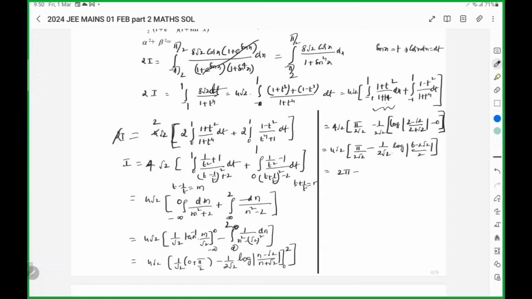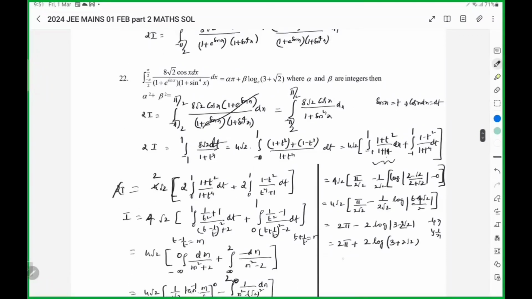2 pi minus 2 times log of 3 minus root 2 by 4 plus 2 minus 4, which is 2 pi plus 2 log, minus log x is log 1 by x, 1 by 3 minus 2 root 2 is 3 plus 2 root 2.